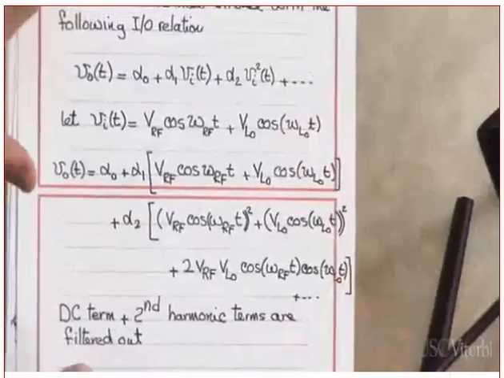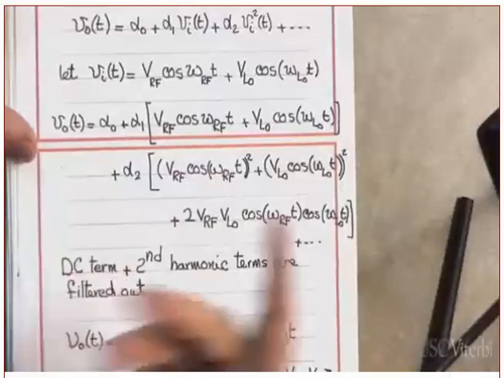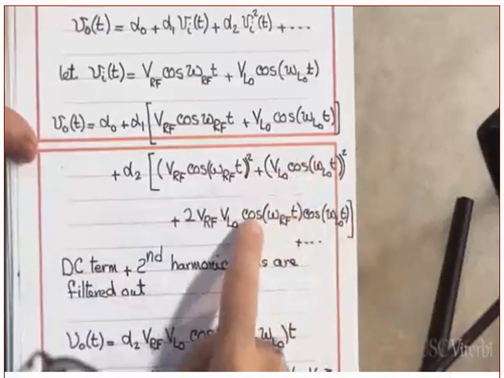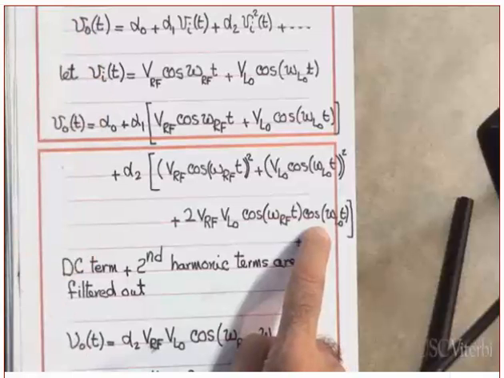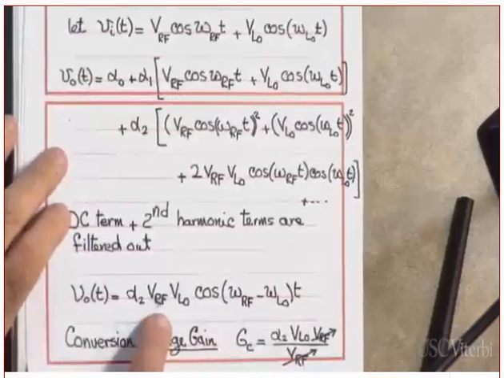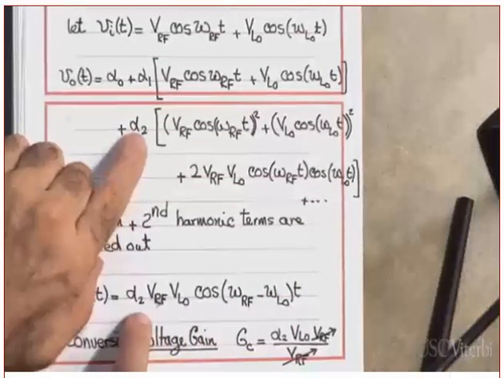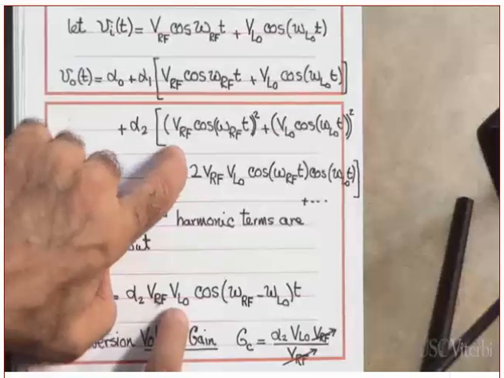Okay. Now, do I get an intermodulation component? Which term? This term. Cosine, cosine. Cosine, cosine is what? Cosine of twice the angle. The sum will be filtered out. So what am I getting? Can you explain to me this? Alpha 2, VRF, VLO.